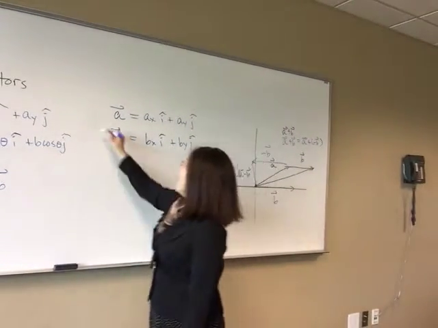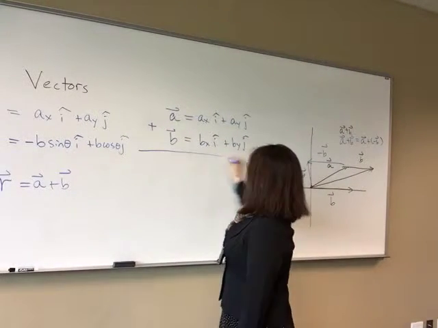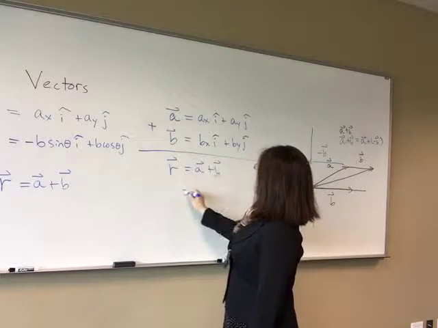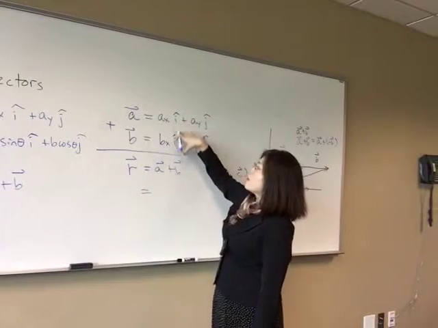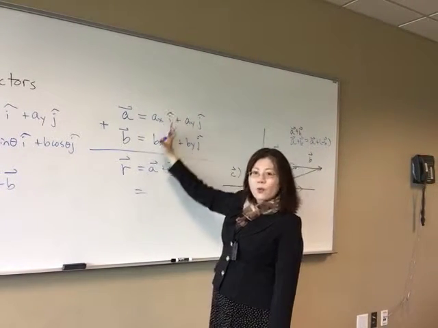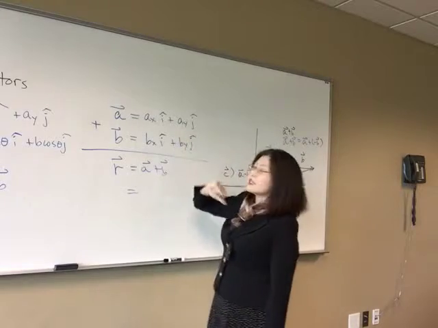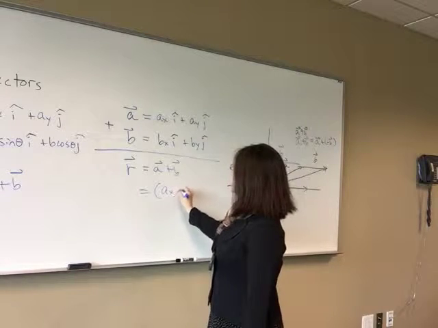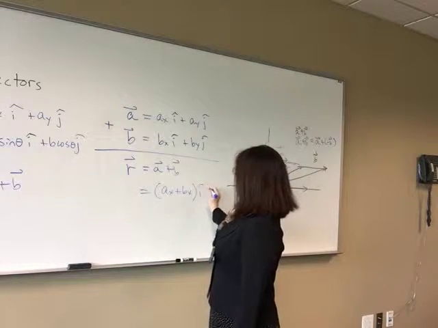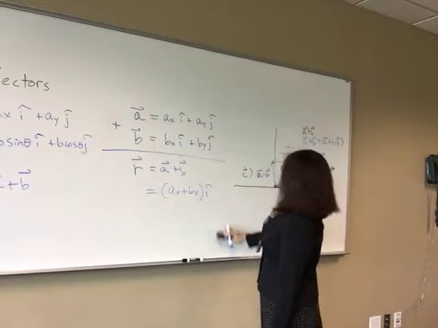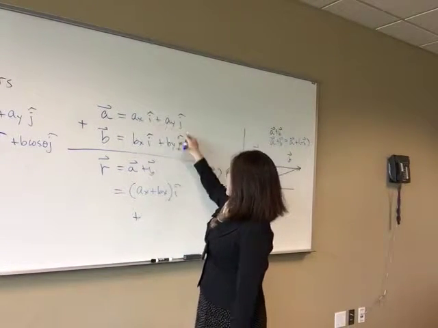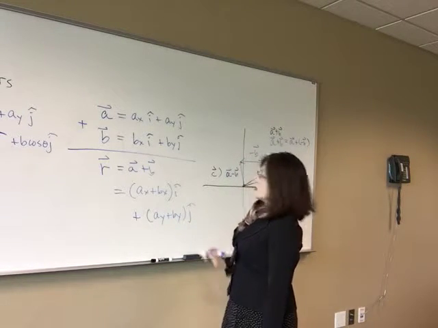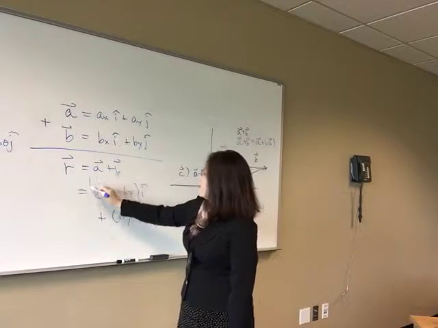So when you want to find the sum, your R is equal to A plus B. What you're going to do is add all these numbers together, so long as they are in the same direction. You don't cross add them together. You add all the numbers in the same direction together. So in this case, you have a sub x plus b sub x. They're all x components, and that's your i hats. And then you're adding all the y components together, so you have a sub y plus b sub y, and that's your j hats.